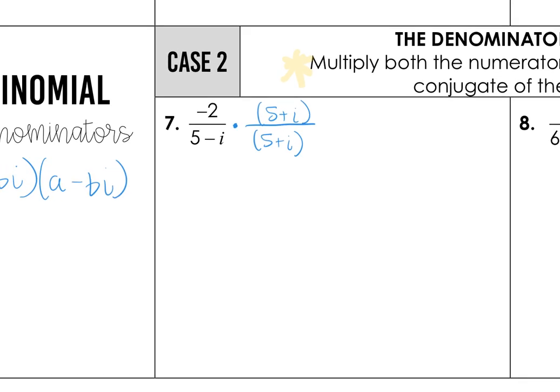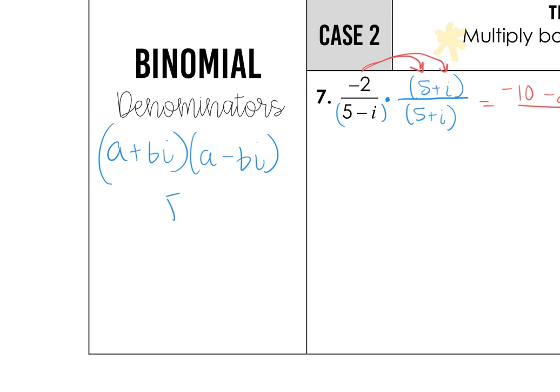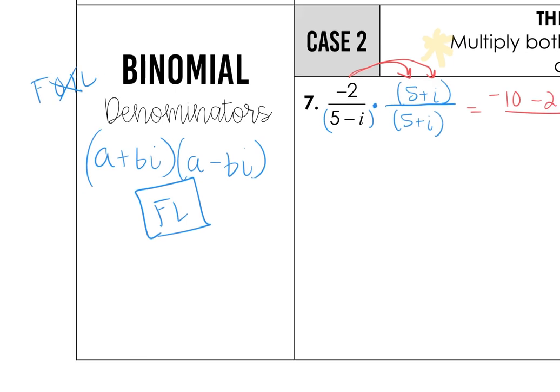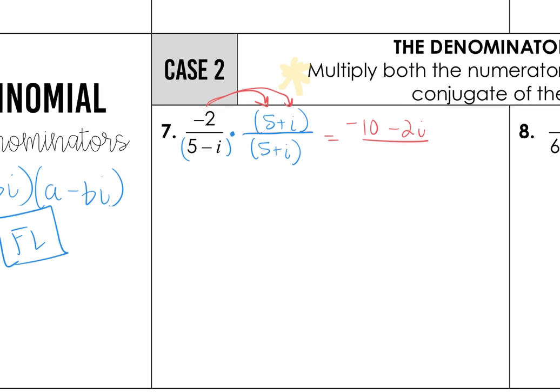In the top, we're going to distribute. Negative 2 times 5, I get negative 10. Negative 2 times i, I get negative 2i. In the denominator, because these are complex conjugates, you could do that shortcut that I told you about. You don't need to do FOIL because the middle 2 terms are going to cancel out, so we can just do Florida, the first 2 terms and the last 2 terms.